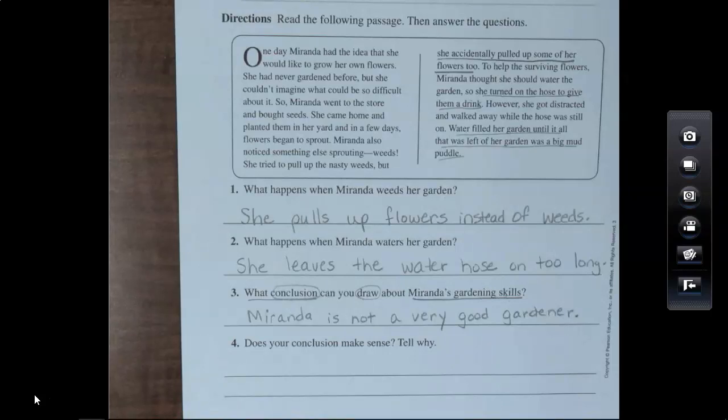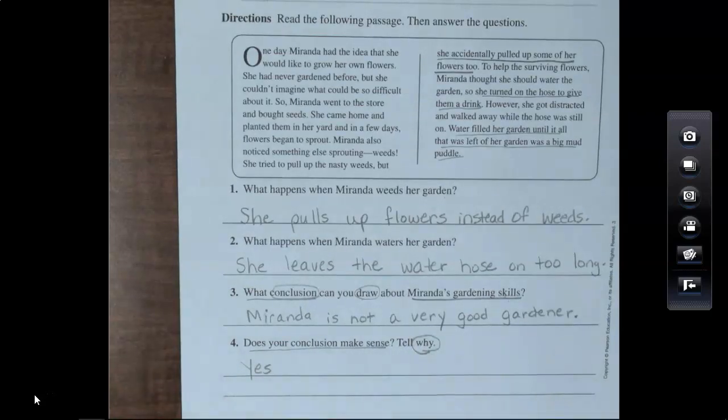Now, does our conclusion make sense? Yes or no? And then we have to tell why it makes sense if we think it does. Well, does it make sense? I would say yes, it makes sense. But we have to tell why. So why do you think it makes sense? Us saying that Miranda is not a good gardener? Why does that make sense?